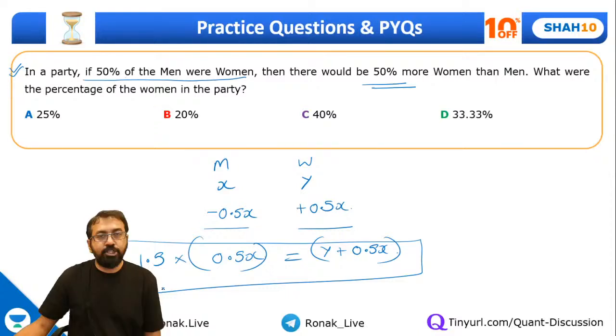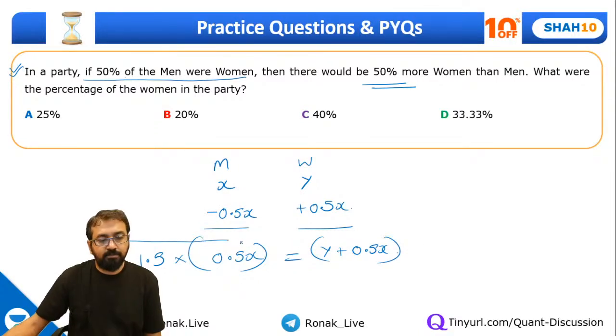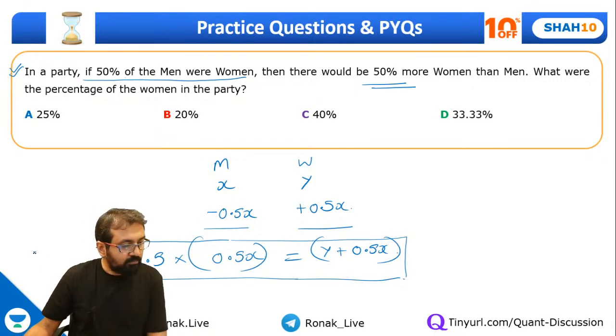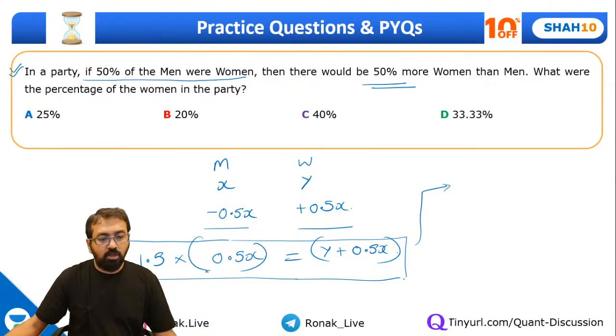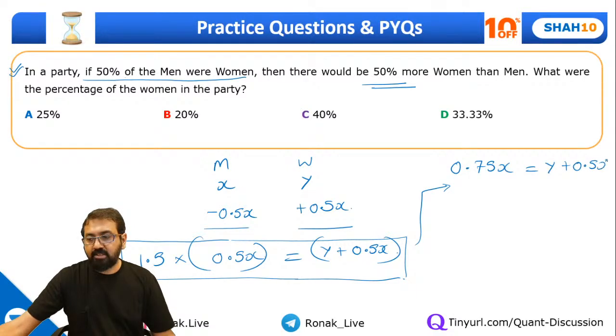Did you get this relation, guys? How did I write this? This is a simple relation. Have you all understood this? Okay, fine. So let's solve this. So this will come out to be what? 1.5 into 0.5, it will be 0.75x is equal to y plus 0.5x, right?